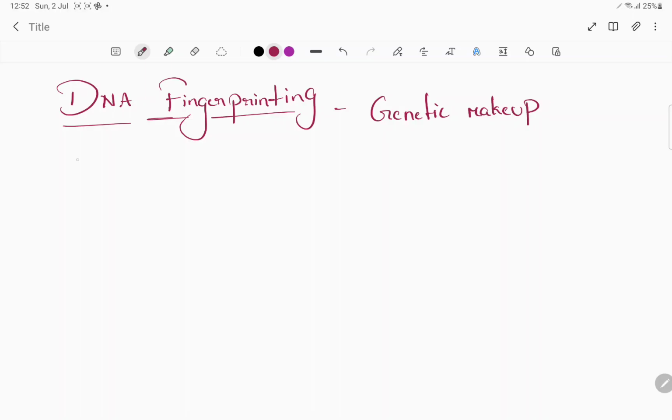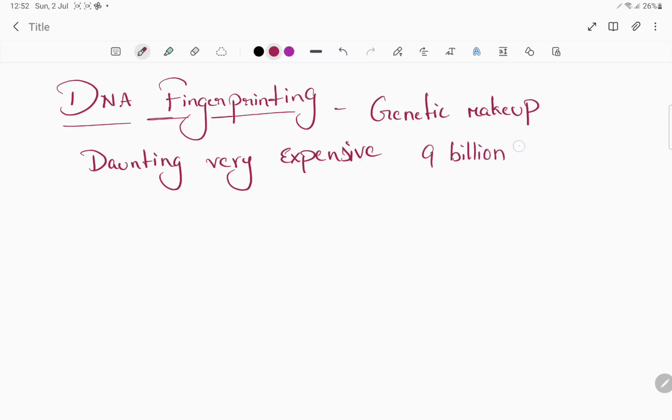Usually finding every human genome is very daunting and also very expensive. For one human genome project, it cost approximately 9 billion US dollars.